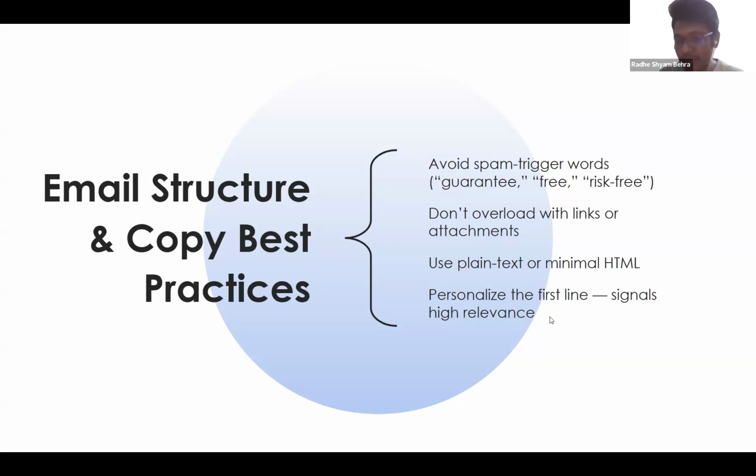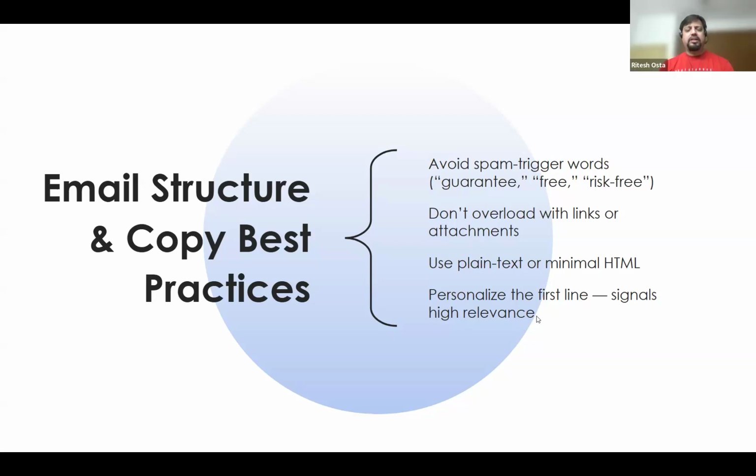If you know that the person is up to something, like they are hosting a podcast, or they are coming on TV, or they are launching a new product, if you know all these updates about that particular recipient, please mention it, because there is a high chance that they will reply to your email, or click on the link that you are sending.